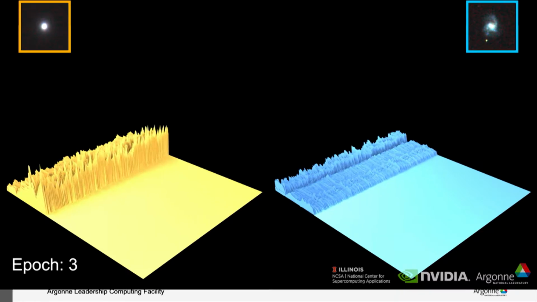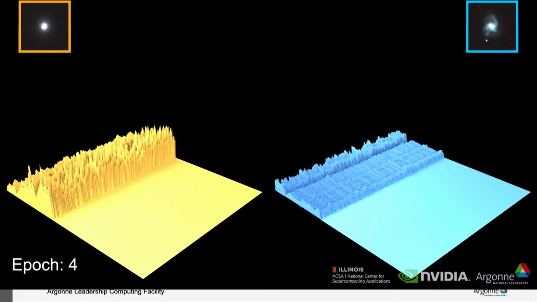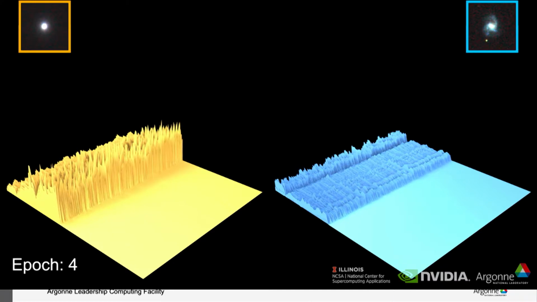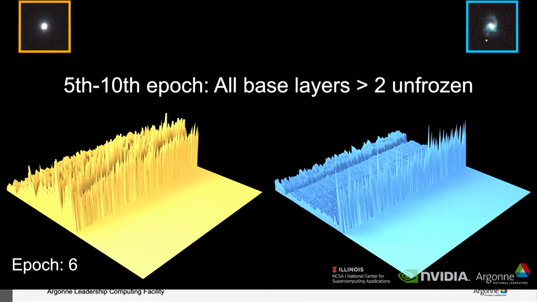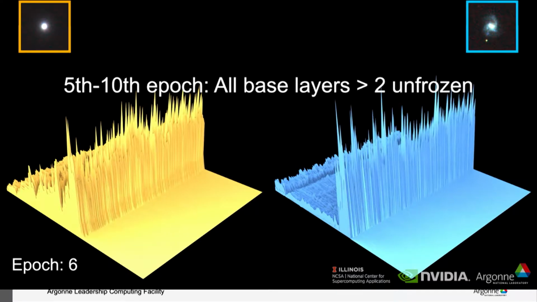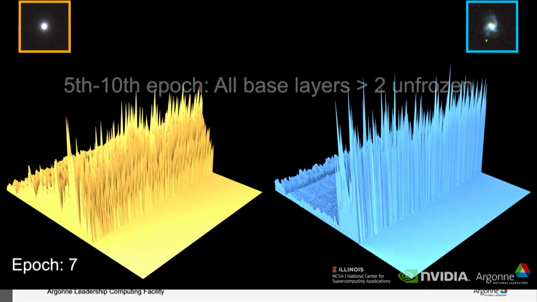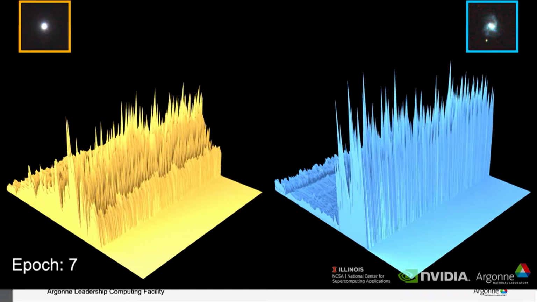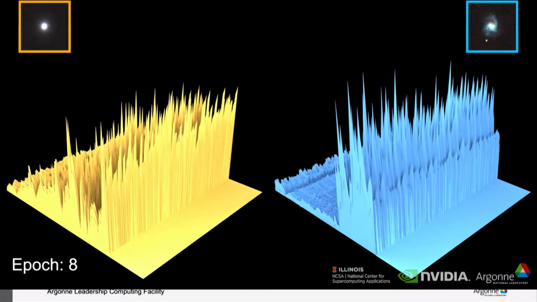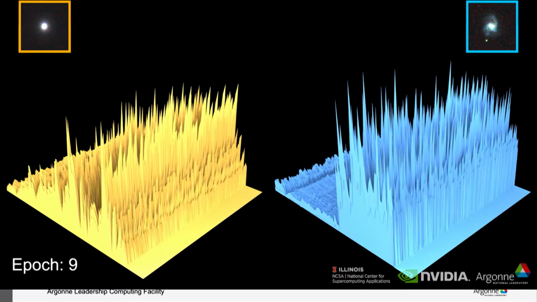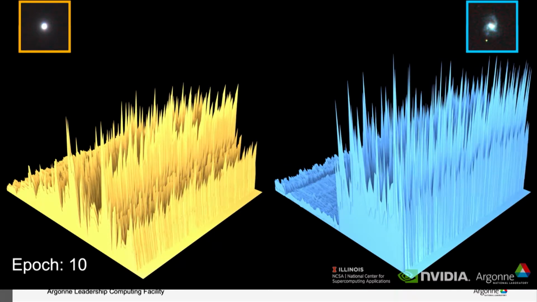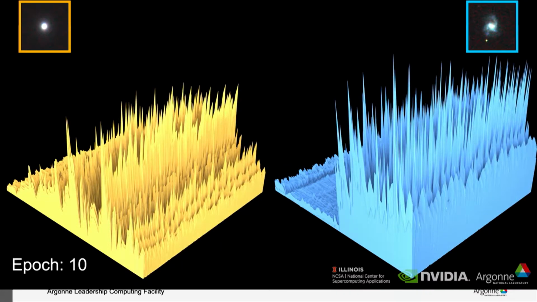As we go forward, we start to see some differentiation here. It's actually as some of the base layers are unfrozen, in the 5th to 10th epoch, we see a very large response of the network to the spiral image. So this is nice because it's showing what layers are responsible for distinguishing important features in the spiral images compared to the elliptical. So now you can actually target some of those hidden layers.